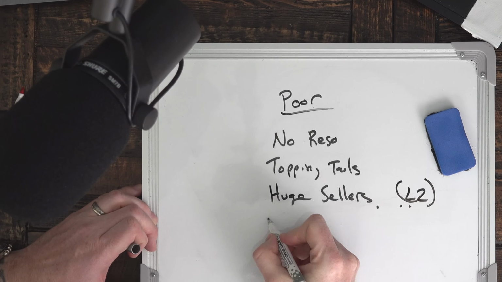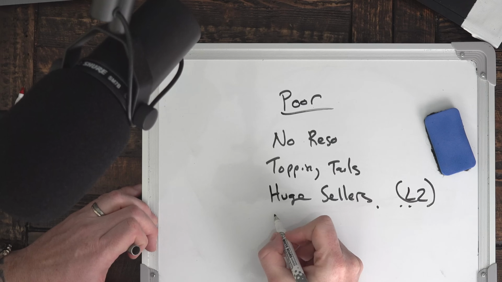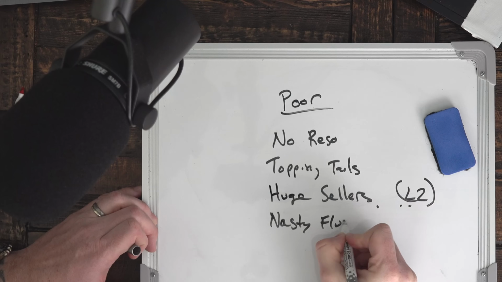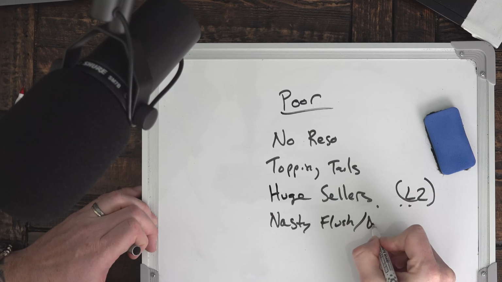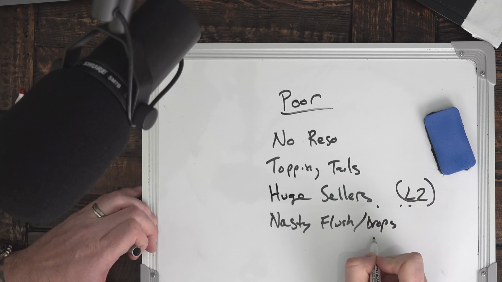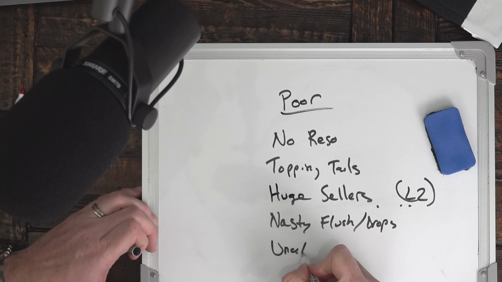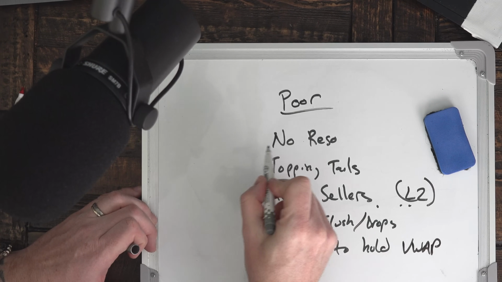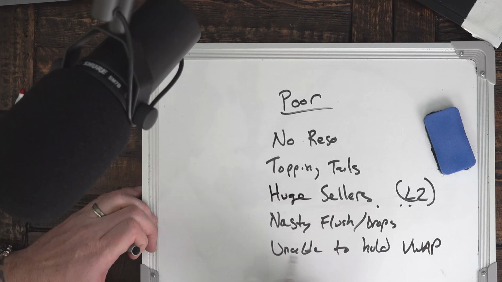We also saw these nasty flushes, flush/drops. We saw quite a few of those. Unable to hold VWAP. Right? So it's like, this is just bad.